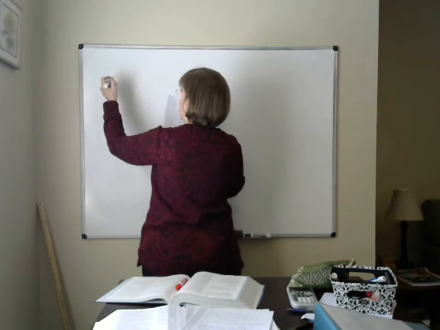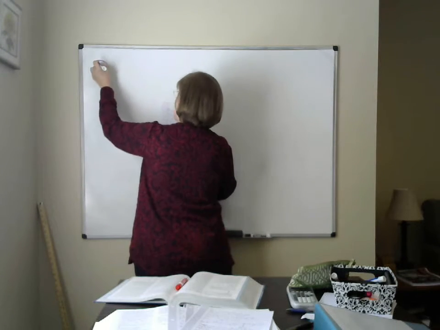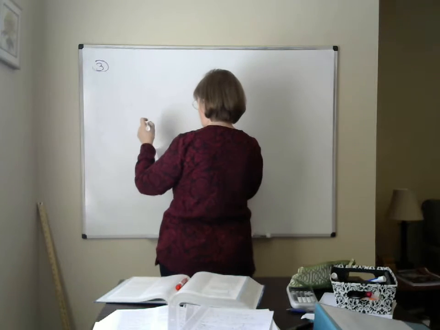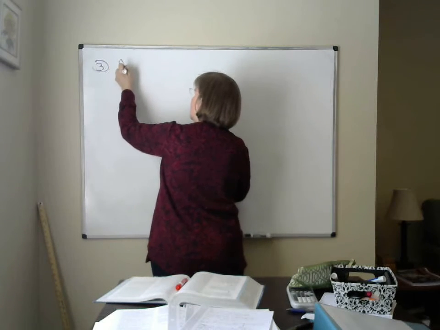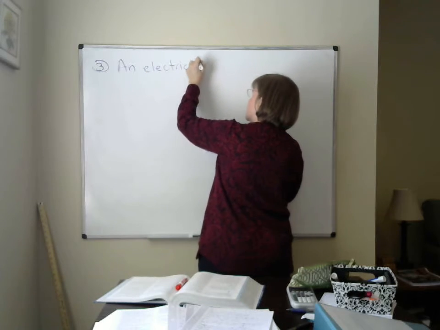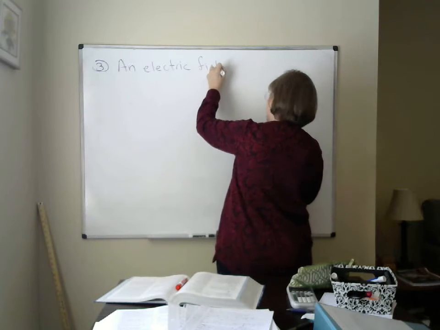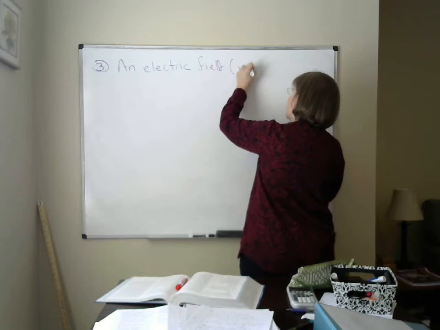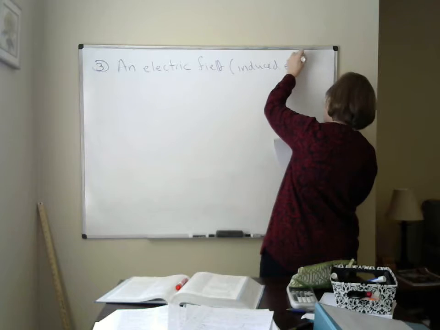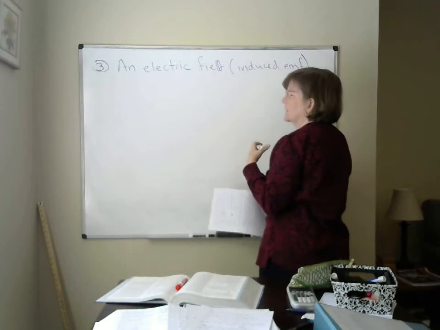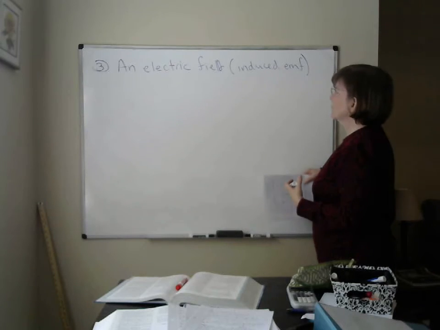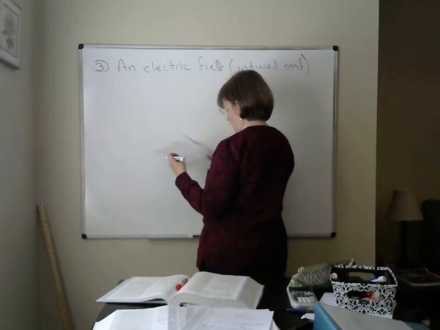The next law is Faraday's law. We just finished studying Faraday's law. And Faraday's law just says an electric field, and you can think of this as meaning an induced EMF. And an EMF is something that exerts a force or a pressure on electric charges. That's what an electric field does.